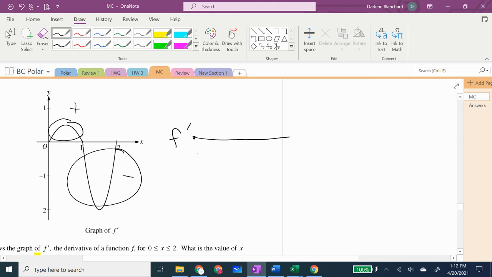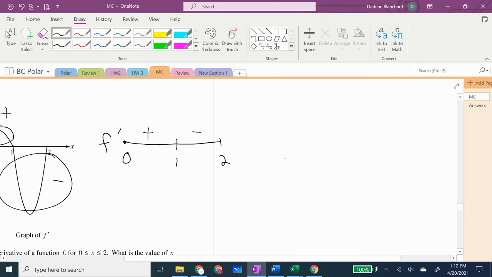So at 0, 1, and 2, my first derivative is actually going to be equal to 0. I am positive between 0 and 1, and I am negative between 1 and 2. So that means that f will increase until I hit 1, and then it will decrease.